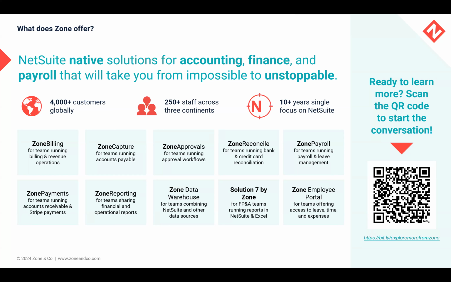We have a bi-directional connection between NetSuite, Salesforce, and other pre-built data sources and Power BI. So we can see all that data live in Power BI and then embed those in interactive dashboards, reports, and other KPIs.